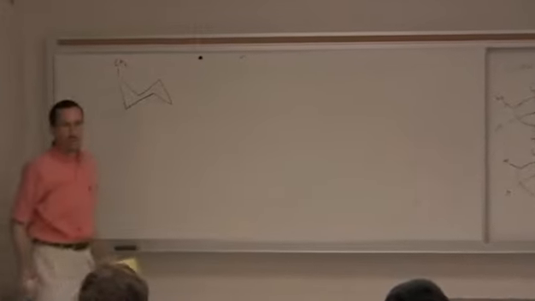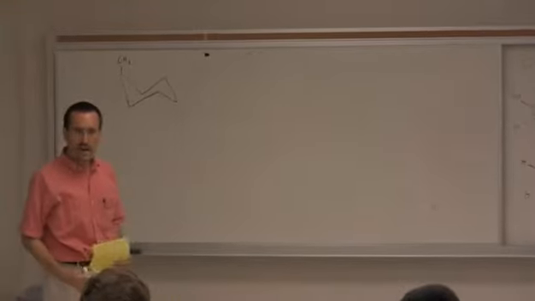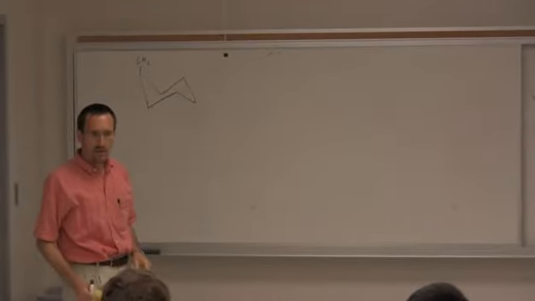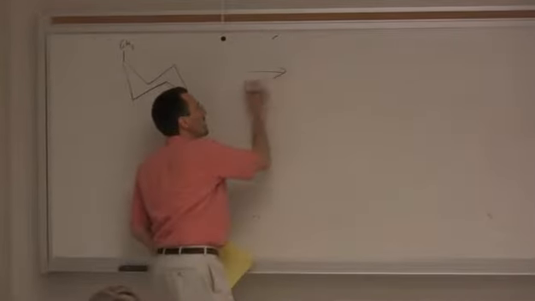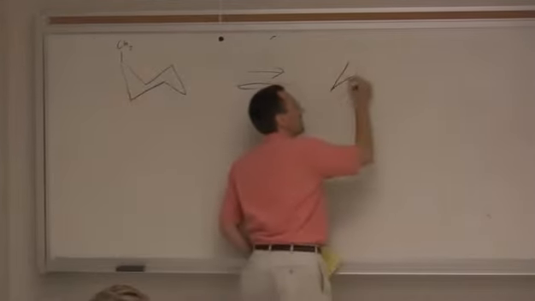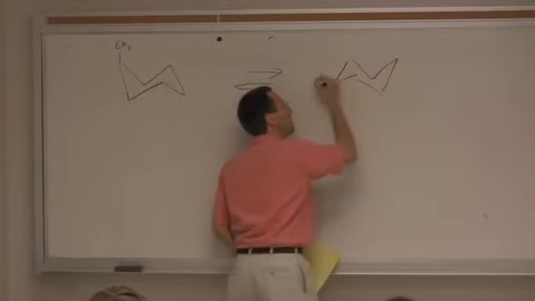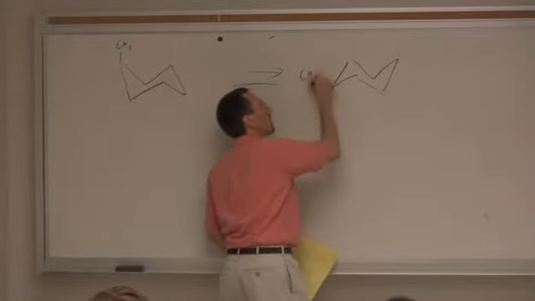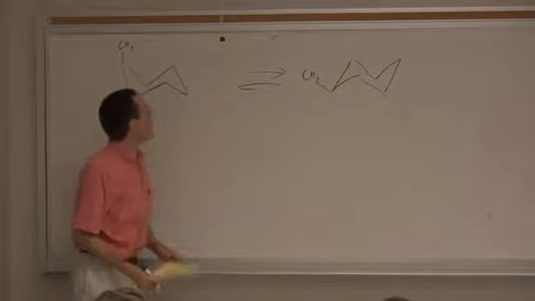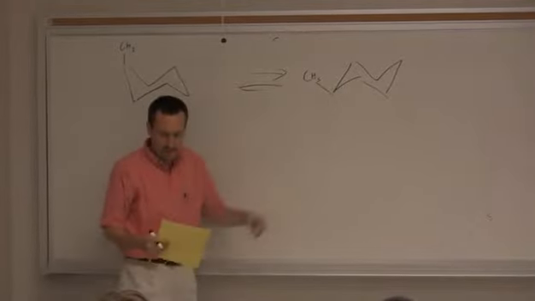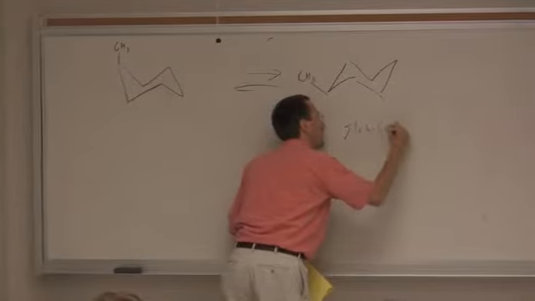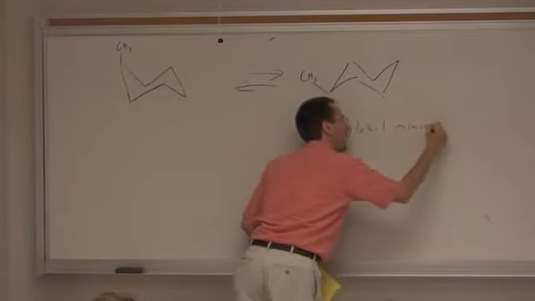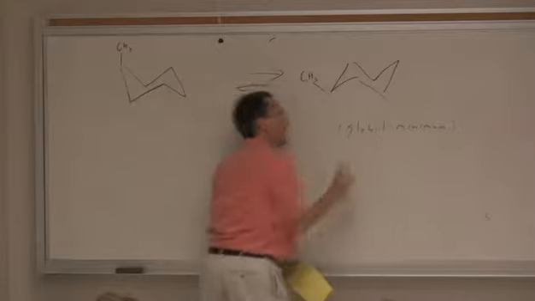If I start with cyclohexane with an axial methyl group, that is a local minimum. There's another conformation in which the ring flips to put the methyl group equatorial, and we know that this is the global minimum. I'm going to put that in parenthesis.